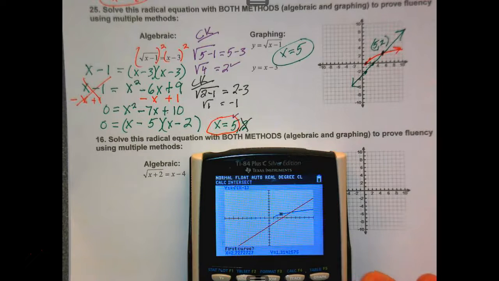So we're on the radical function graph. Hit enter. Now it's flashing the line graph, so hit enter, and then enter again. And it gets me the point of intersection at 5, 2. Any other questions?